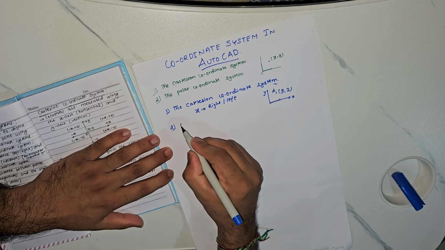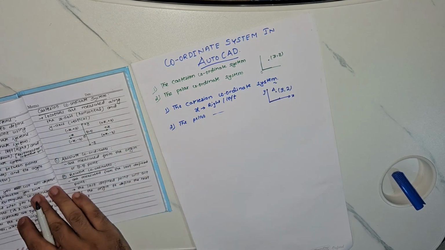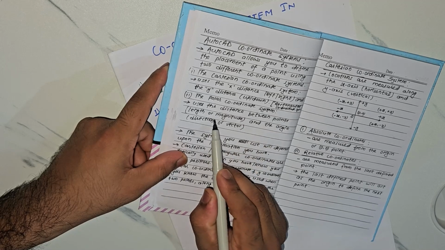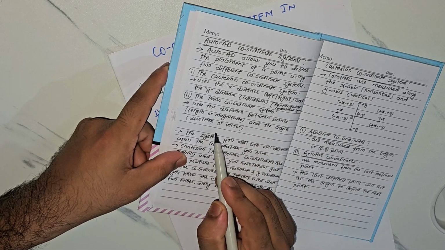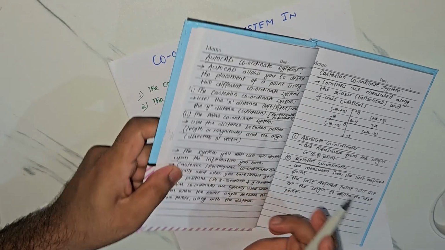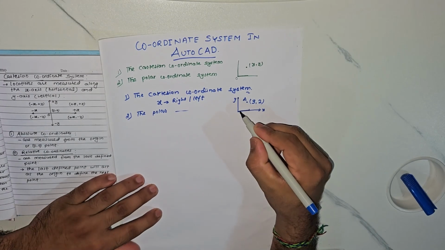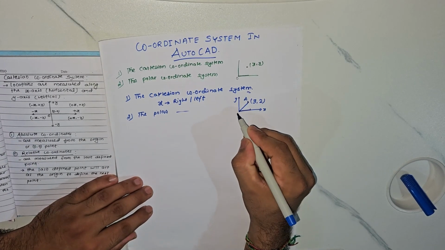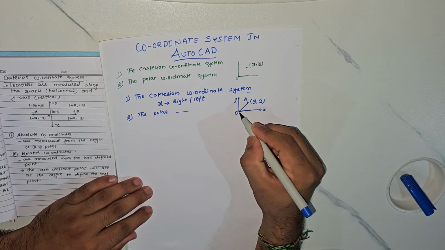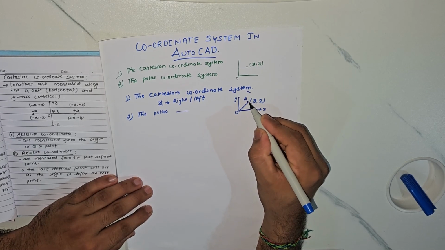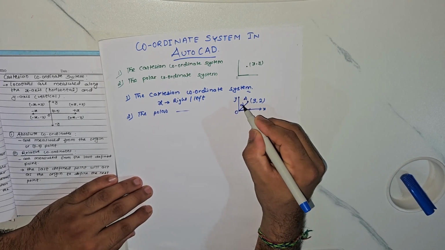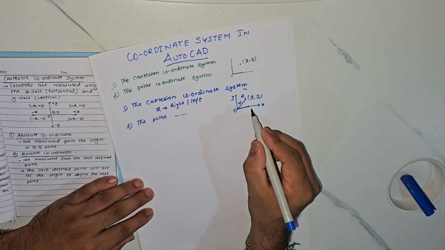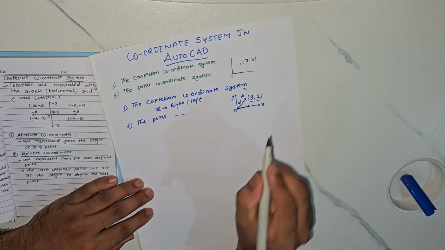Similarly, number two, we have the polar coordinate system. The polar coordinate system uses the distance between points, that is length or magnitude, and the angle, that is the direction or vector. For example, suppose this point, A, and now from O to A there is a certain length or distance, let's say D. So in the polar coordinate system, this 3 and 2 will not be used.